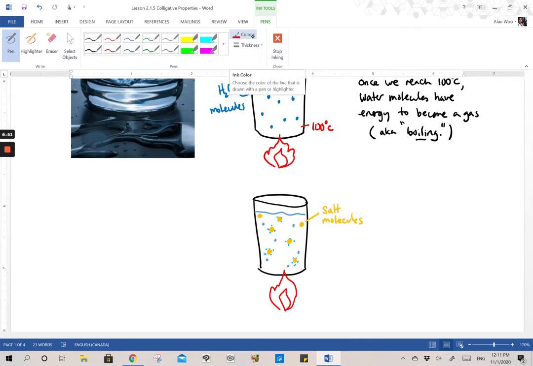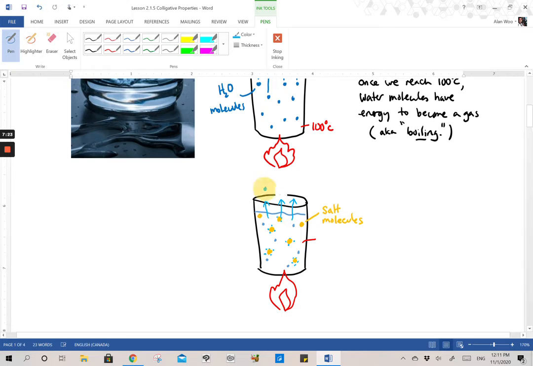So what tends to happen is, in order for the water molecules to separate and start entering the gas phase, you have to give it a bit more energy, okay? Because the particles that are interacting with the salt molecules, okay, they're not going to be easily let go and turn from a liquid to steam.